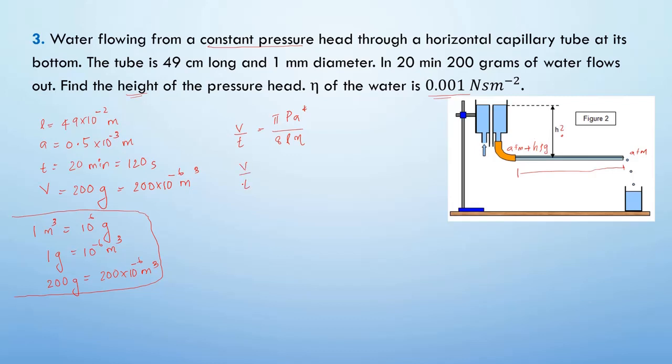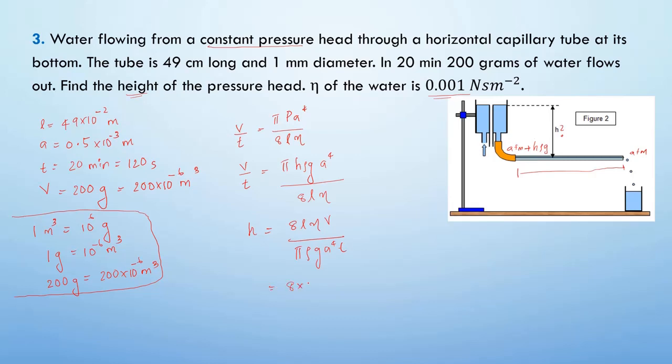V by T is equal to pi H rho G a to the power 4 divided by 8 L eta. So, let's find H from this equation. H is equal to 8 L eta V divided by pi rho G a to the power 4 into T.